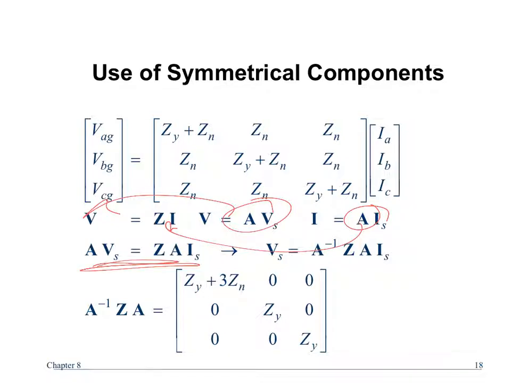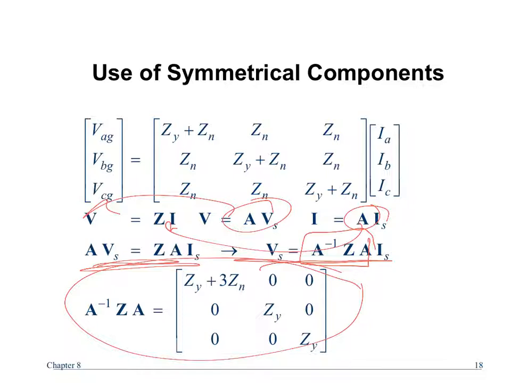And then I end up with this. Now I'm going to solve for Vs. And I have that matrix. When I multiply A inverse Z A together, I end up with this. Wow, that's a pretty big deal. Anybody want to guess as to why?